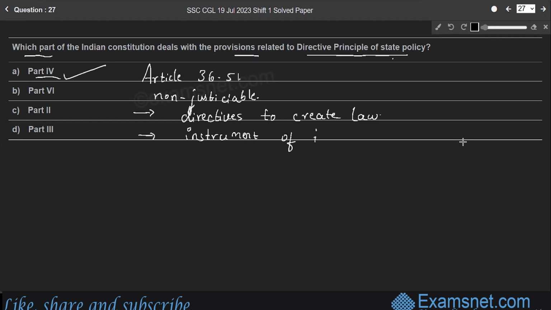Dr. B.R. Ambedkar mentioned these principles as novel features of our constitution. Therefore, option A, Part 4 of our constitution, deals with the directive principles of state policy.